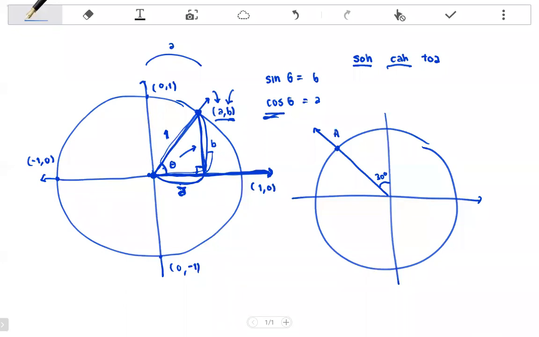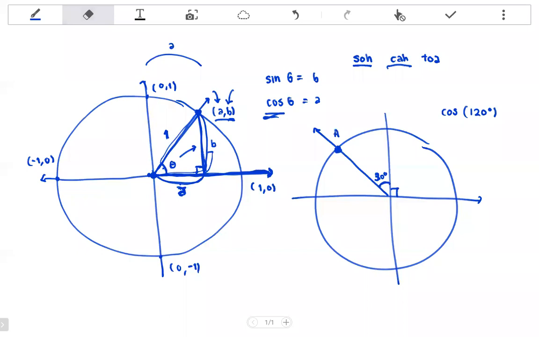And looking at the angle, this is 30 degrees, and we know that this is going to be 90 degrees. 30 plus 90 is 120 degrees. So the x coordinate of this point is going to be cosine of 90 plus 30, which is 120 degrees. Okay?